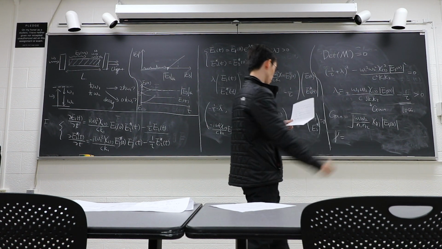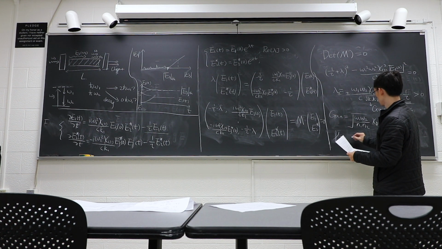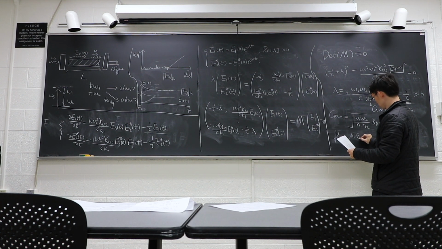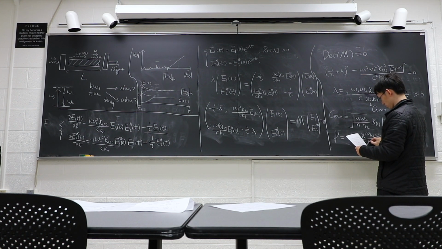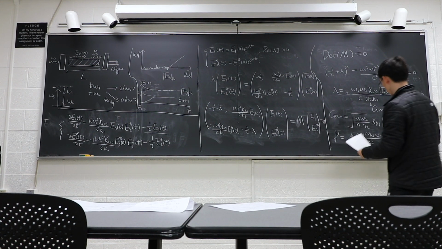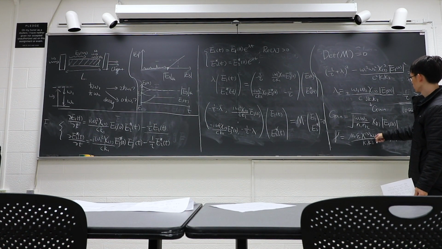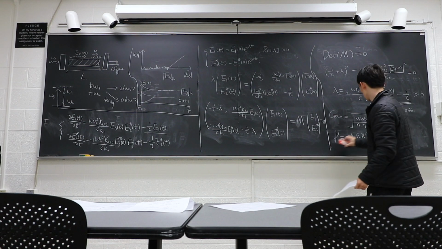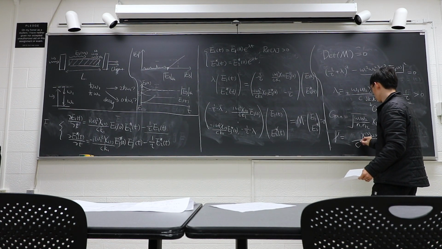Gain from the waveguide is, okay, and then this one is c squared, right?